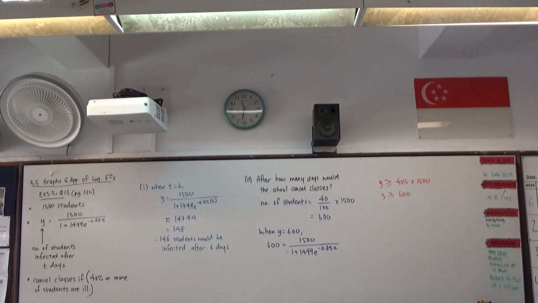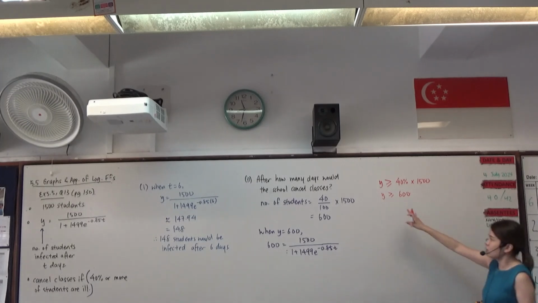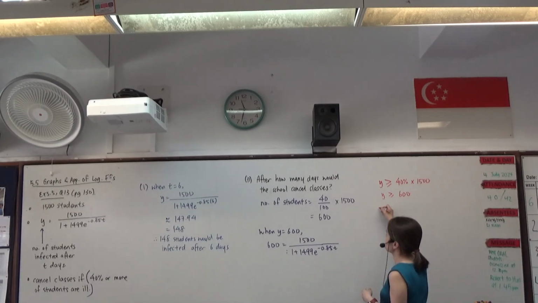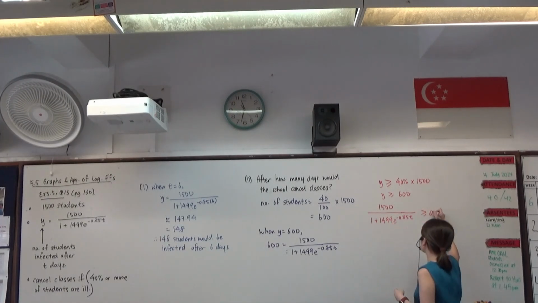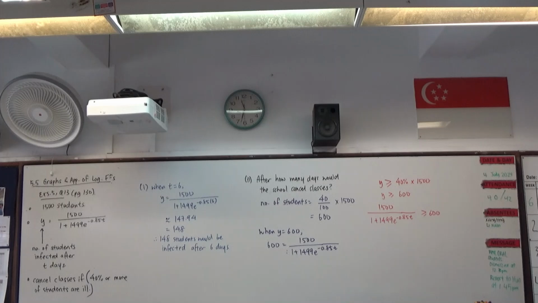Okay? While you can form an inequality like that, you will face a problem when it comes to solving. Because when y is substituted in with the model, the expression, we wouldn't be able to solve it because, in inequality solving, we plus, minus, times, divide numbers.